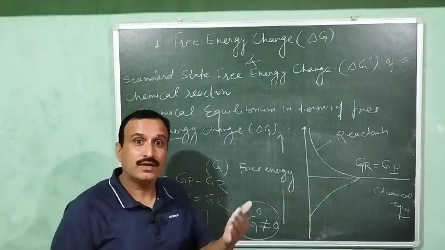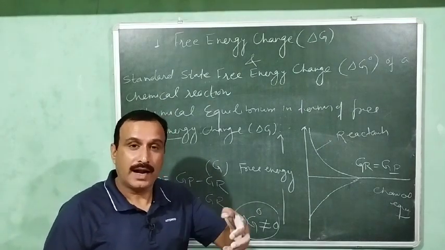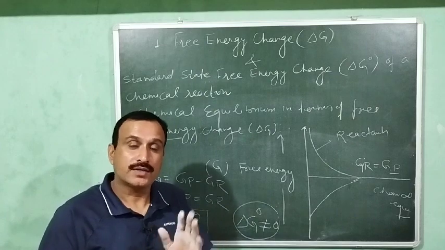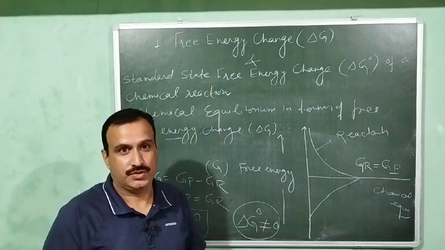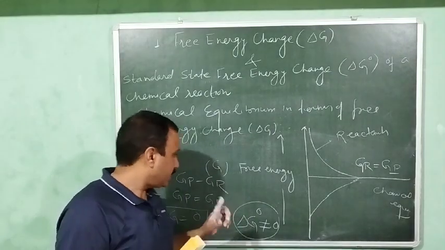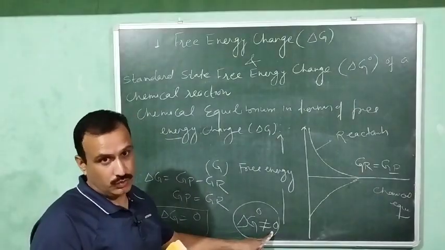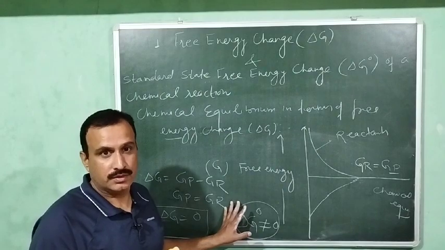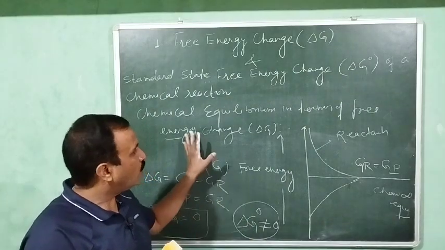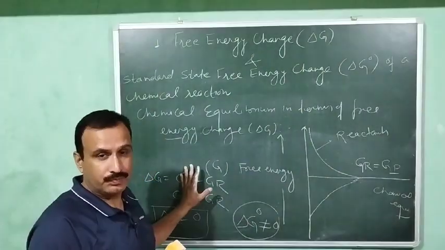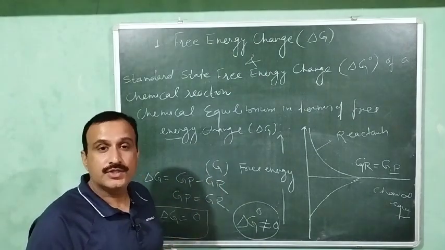But this is the condition when at the equilibrium the reactants and products are under standard conditions, okay. Otherwise at equilibrium delta G will be equal to 0 and delta G naught will not be equal to 0, and I have explained it. Okay, so this is all about the chemical equilibrium in terms of your free energy change.